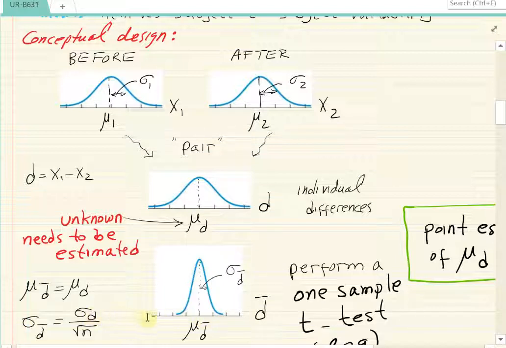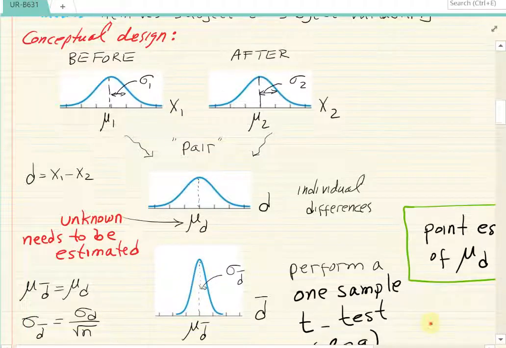And according again to the central limit theorem, that distribution is going to be normal if we sample from two populations that are normally distributed, and approximately normal if these two populations are not normal. The average of the average difference, the center of the sampling distribution of the average differences, is going to be exactly what we want to estimate. But its standard deviation is going to be less than that.